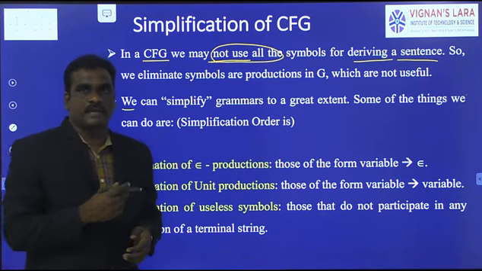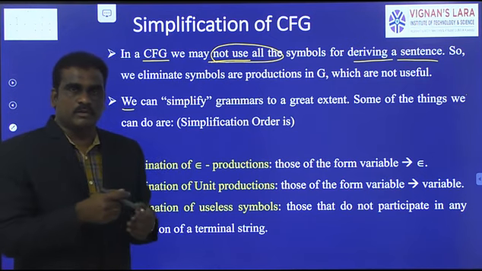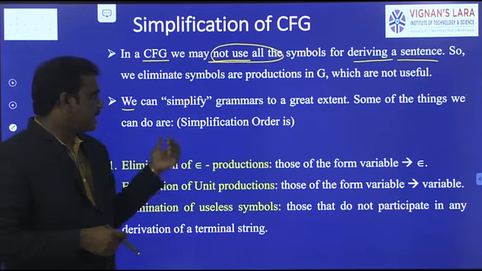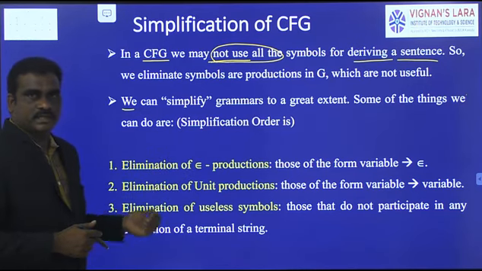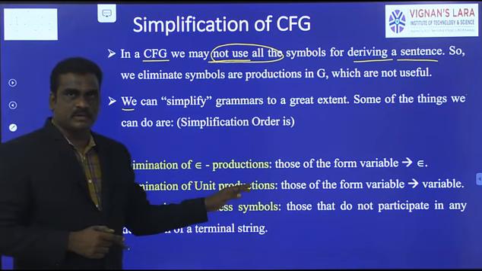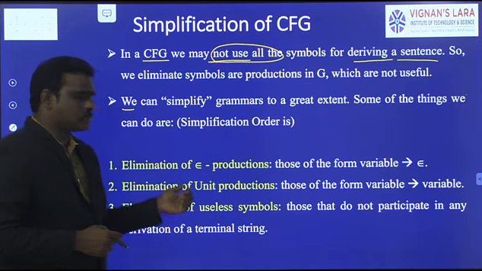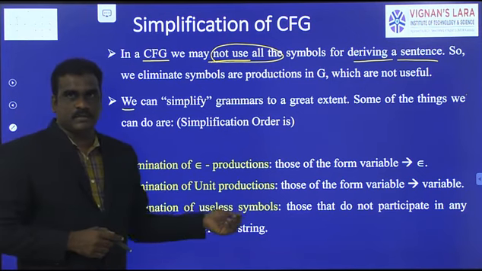So how do we simplify a context-free grammar? Based on what points do we simplify the grammar? Here we have to follow a total of 3 steps: the elimination of epsilon production, the elimination of unit production, and the elimination of useless symbols.